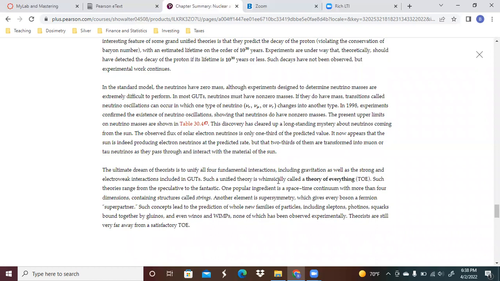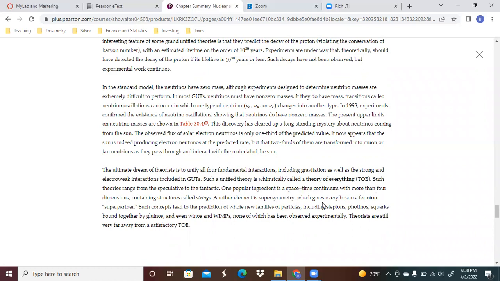In order to unify all four fundamental interactions into a grand unified theory or a theory of everything would be a nice goal. Such theories range from speculative to the fantastic. One popular ingredient is a space-time continuum with more than 4 dimensions, containing structures called strings.